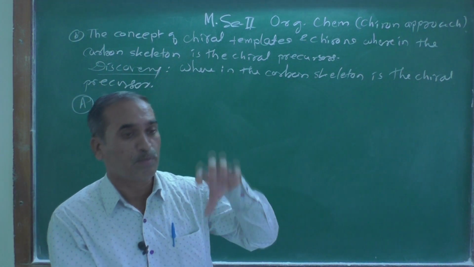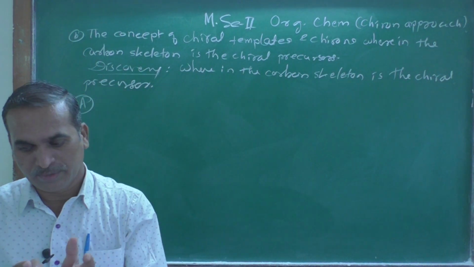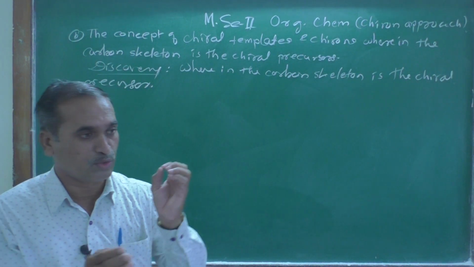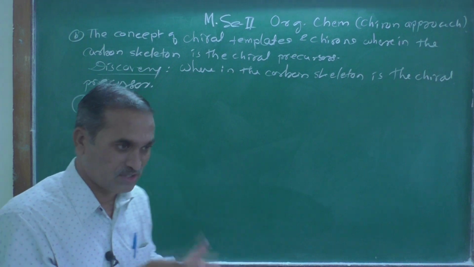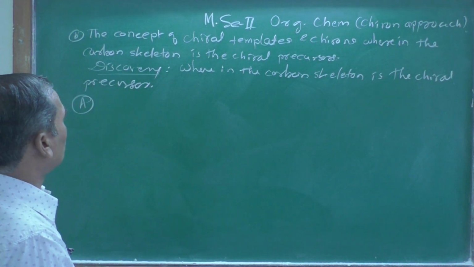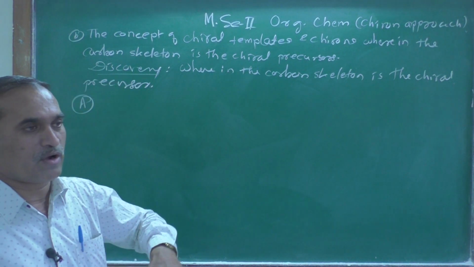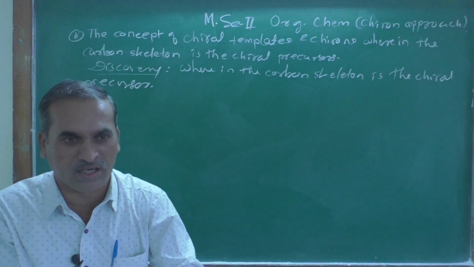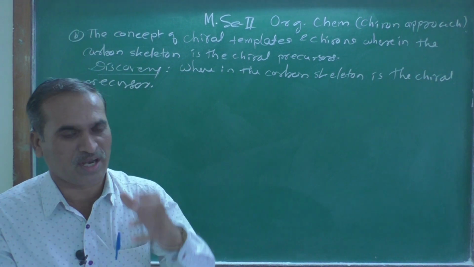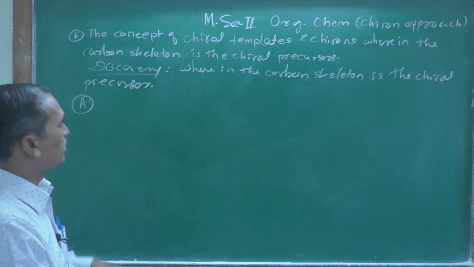These are the precursors, and we are going to see how to use them in that discovery. We are going to find out how carbohydrate can be used as a precursor for the synthesis of natural products, which are drugs or medicinal compounds.